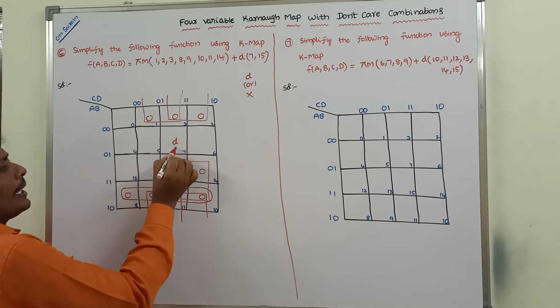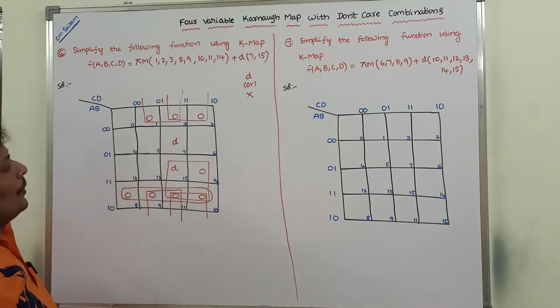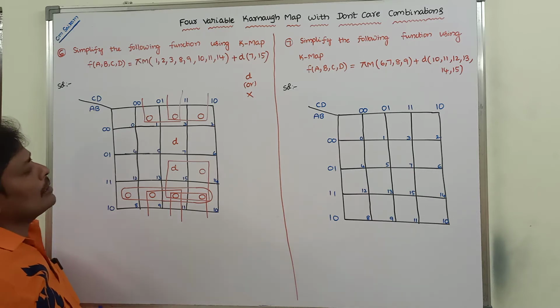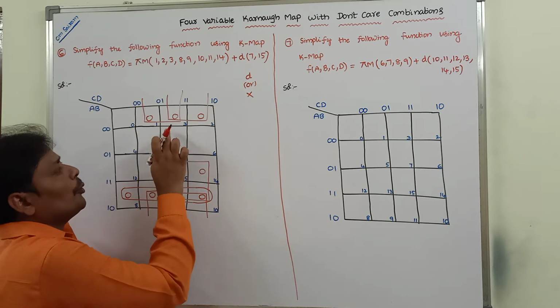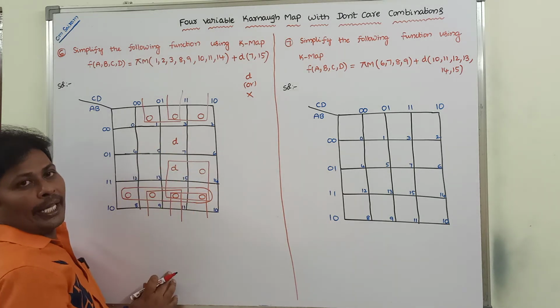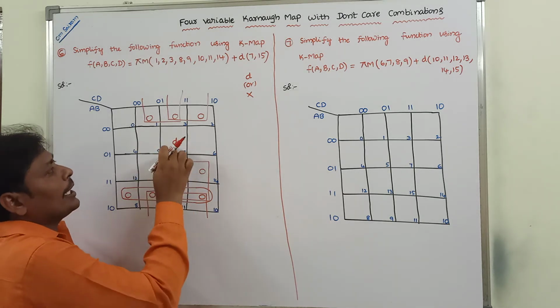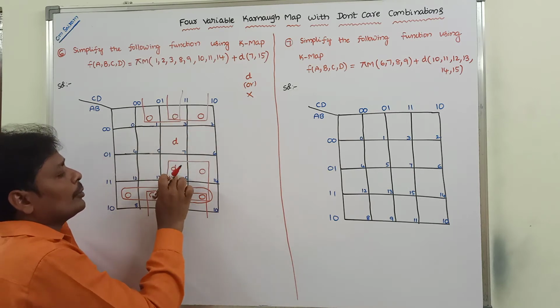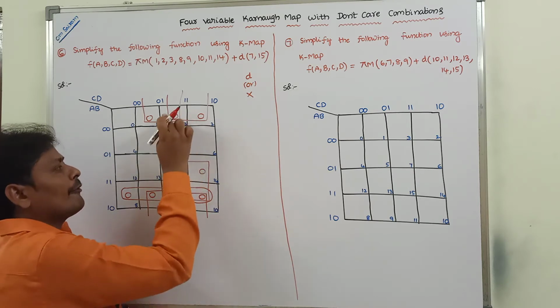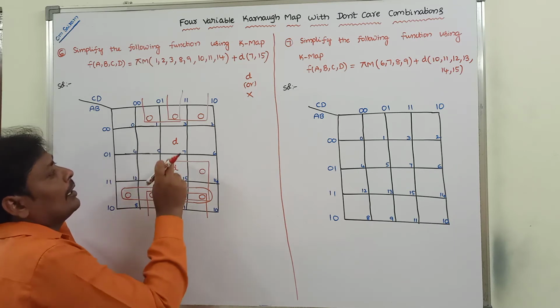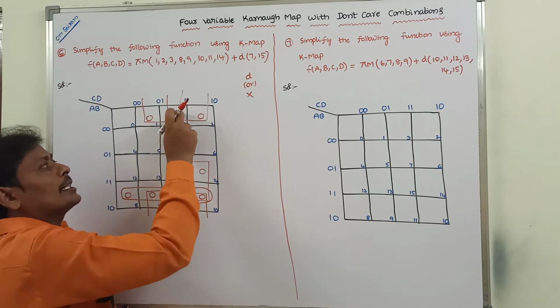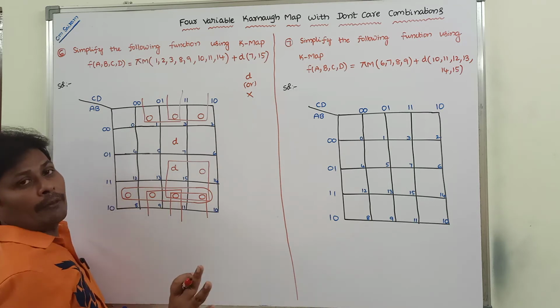One don't care is remaining, so here also, after simplifying them, only one don't care is remaining. For this don't care, 0, don't care, 0 can be formed as a quad, but here 0, don't care and this 0 are already covered.